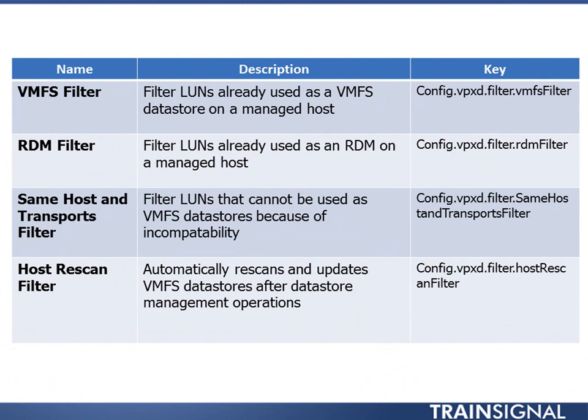So the first one is VMFS filter. You can see the key on the right, config.vpxd.filter.vmfsFilter. These are on by default. They are filtering and activating by default. So to turn this off, you would add the key and set it to false. If you set this to false, when it's on by default, it filters LUNs already used as VMFS data stores on a managed host.